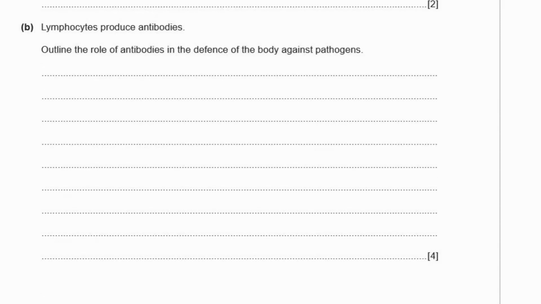B. Lymphocytes produce antibodies. Outline the role of antibodies in the defense of the body against pathogens. Okay, so antibodies, their purpose is they are able to locate specific antigens.